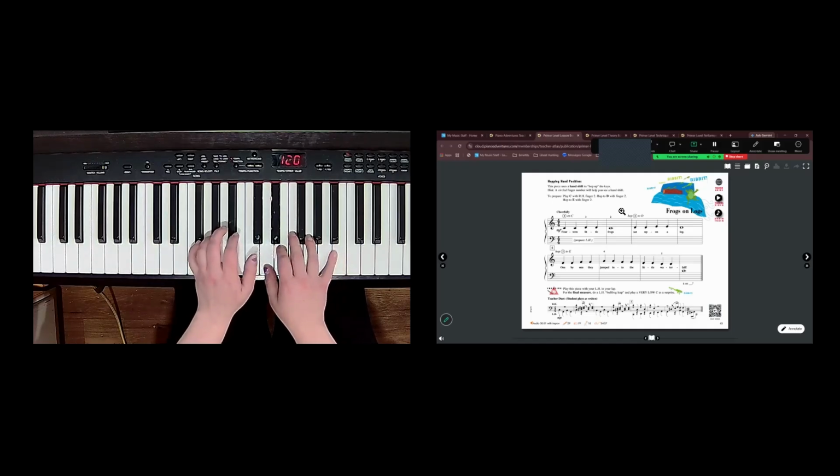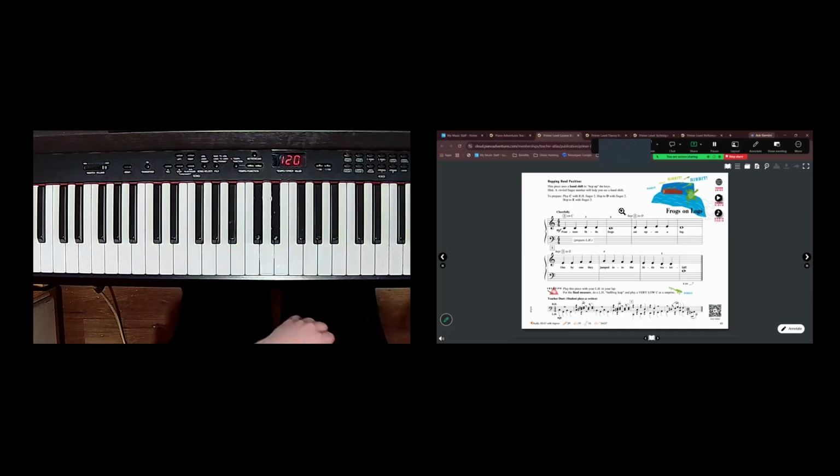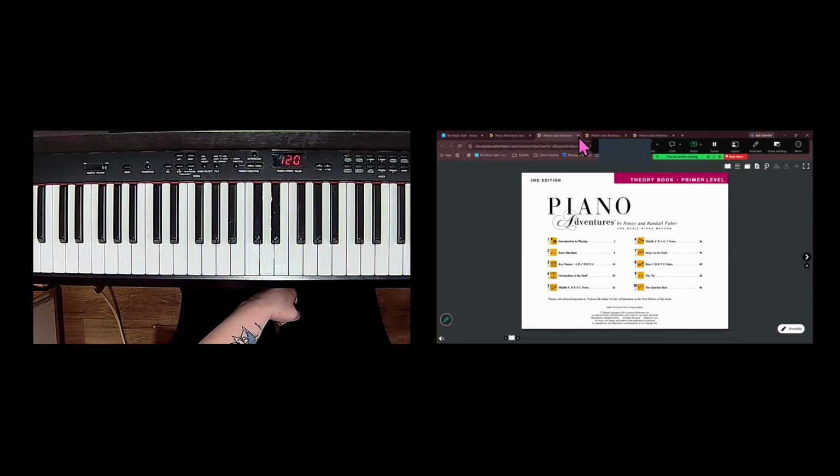And then your left hand comes in and goes 1, 2, 3, 4. So have fun with frogs on a log, and then we'll be on Unit 6 after that. So that's it for lesson book.